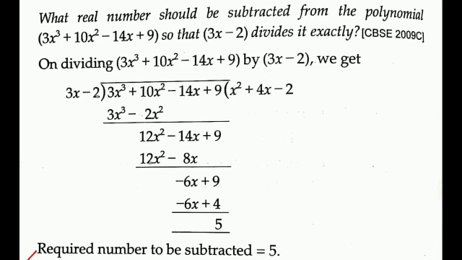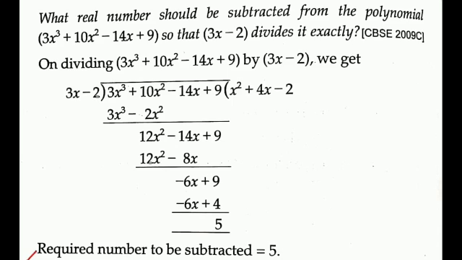To get the second term of the quotient, 12x square should be divided by 3x and we get 4x. Now 3x minus 2 should be multiplied by 4x and we get 12x square minus 8x, which gives us, after simplification, minus 6x plus 9.